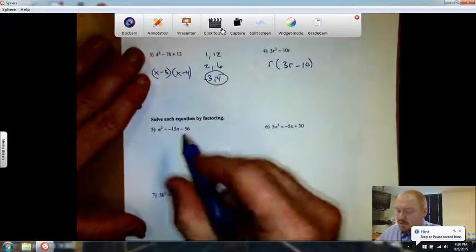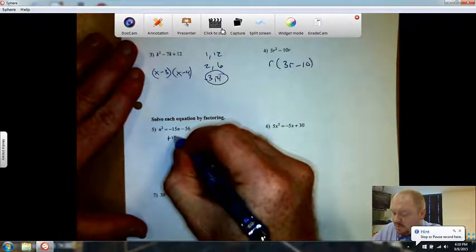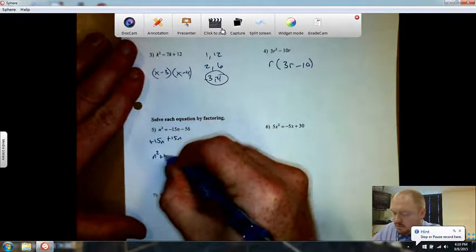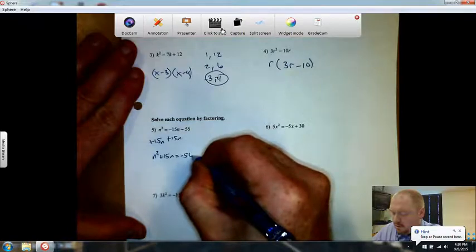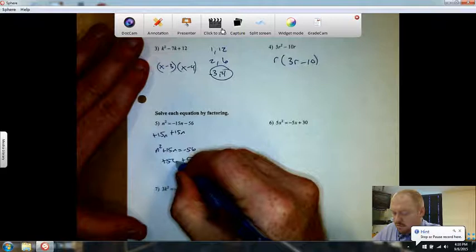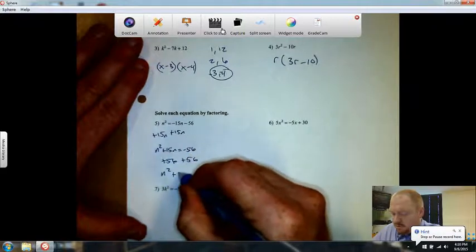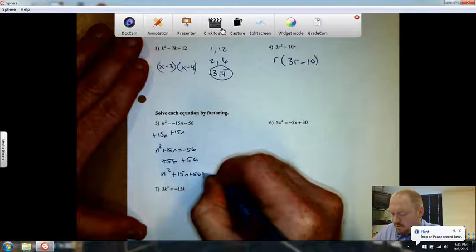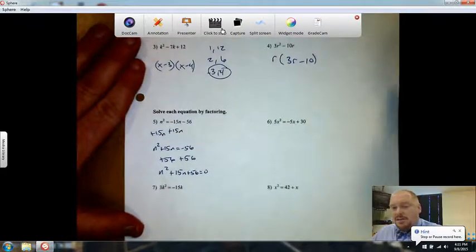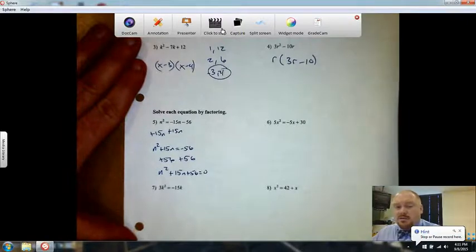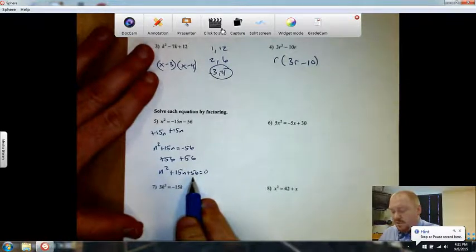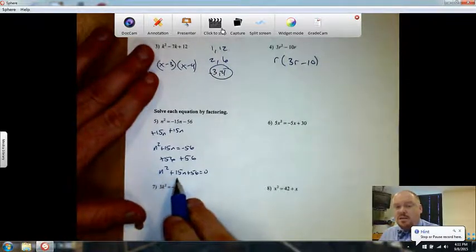So in number 5, I'm going to add 15n to both sides, and then I'm going to add 56. Now, recall that if you factor this, you could set each factor equal to 0 and find your variable. So, numbers that multiply together to give me 56, but add together to give me 15, are 7 and 8.